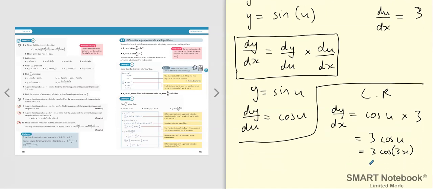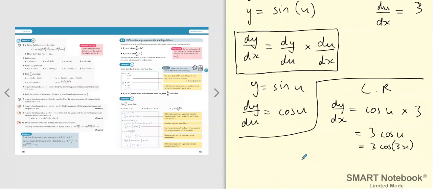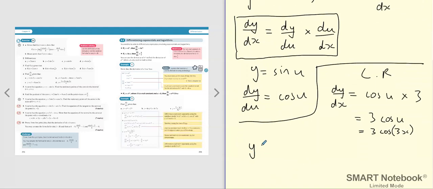And that's my answer. That's my chain rule done. So what we have realized is that if y equals sine 3x, then dy over dx equals 3 cos 3x. That's very good. So if we have composite functions, what we're doing is splitting each bit up, differentiating each bit and multiplying them together at the end.